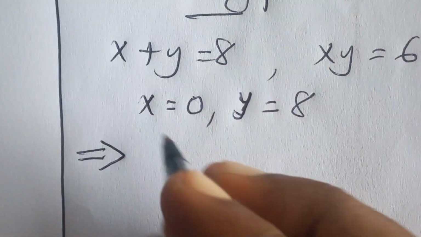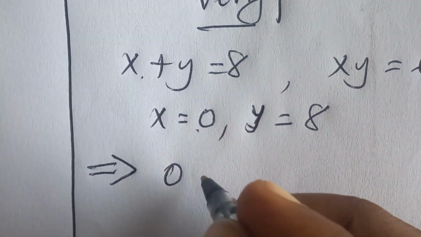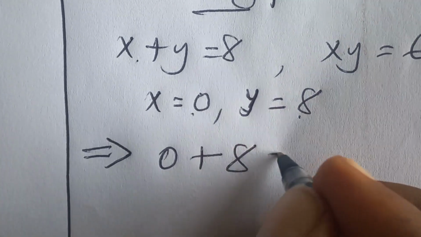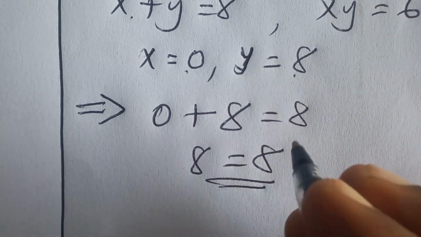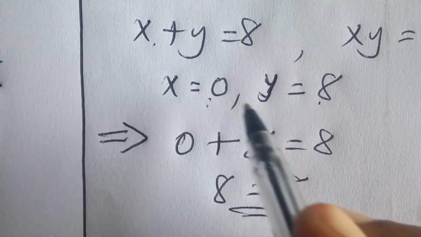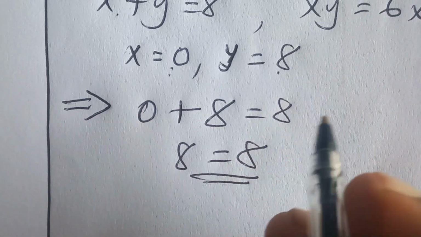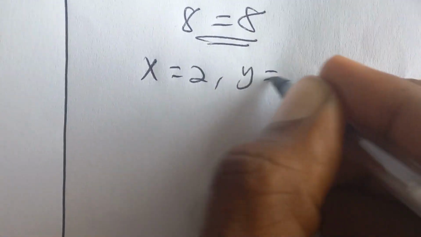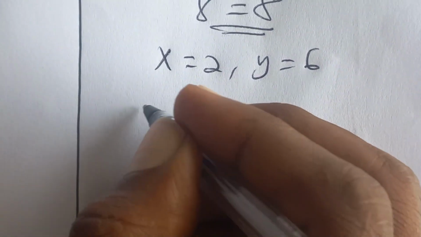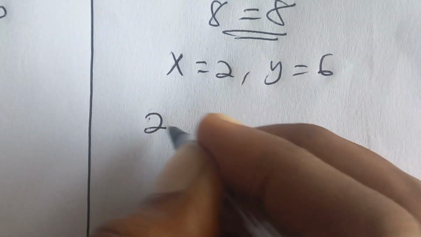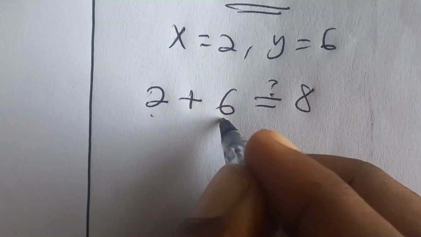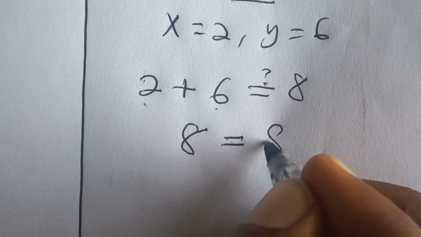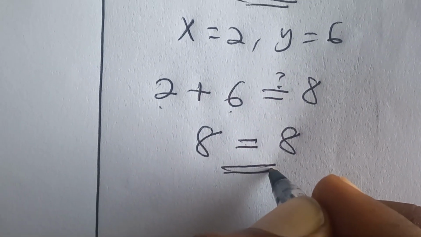So now when x is 0, we have 0 + 8, which is equal to 8. So 8 is equal to 8. So it is true that x is 0 and y is 8 in this set. And then let's test for when x is equal to 2, y is 6. We have 2 + 6 is equal to 8. So indeed 8 is equal to 8. So it is true.